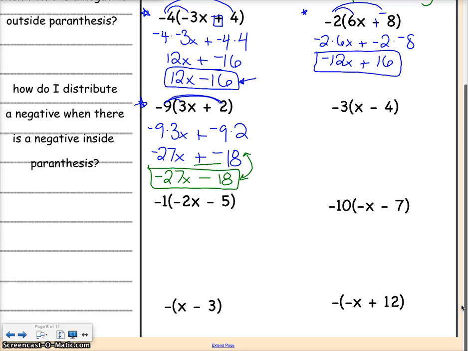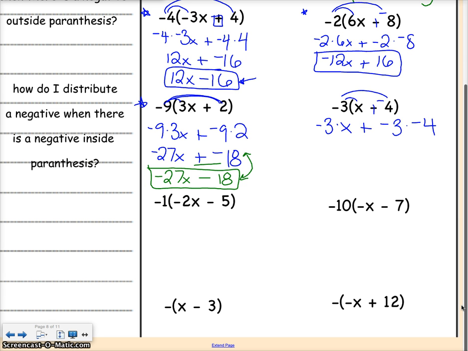Okay, next example, negative 3 times x minus 4. We need to turn that minus into plus a negative, and then show your rainbows. Negative 3 times x plus negative 3 times negative 4. Then you do the multiply.